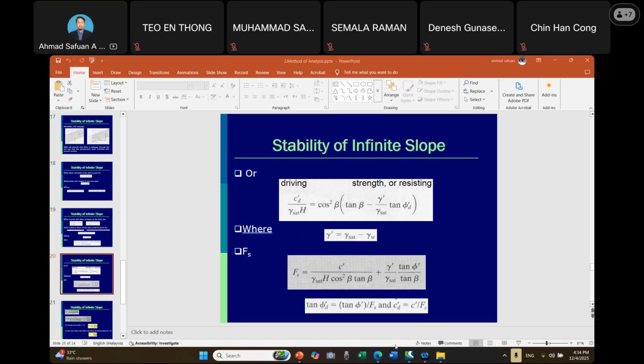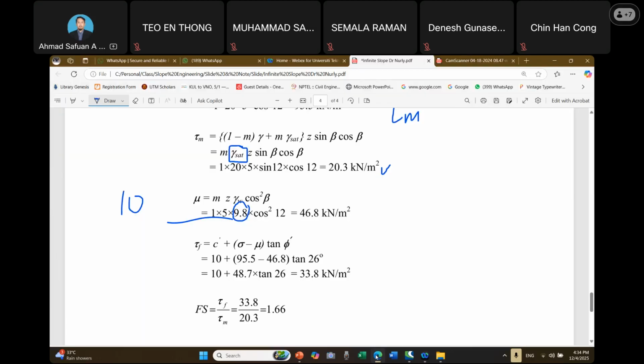So what is the value of C? C is equal to 10. Saturated unit weight is equal to 20.